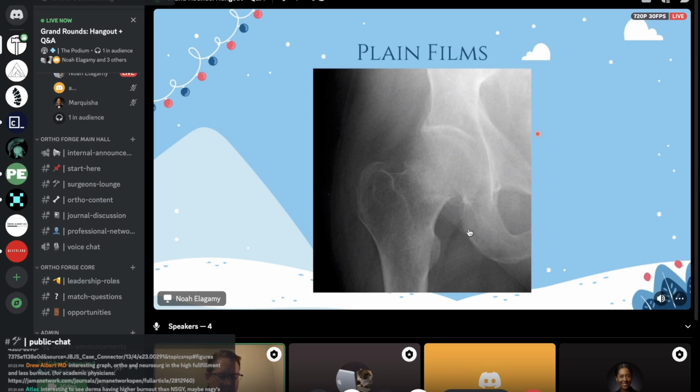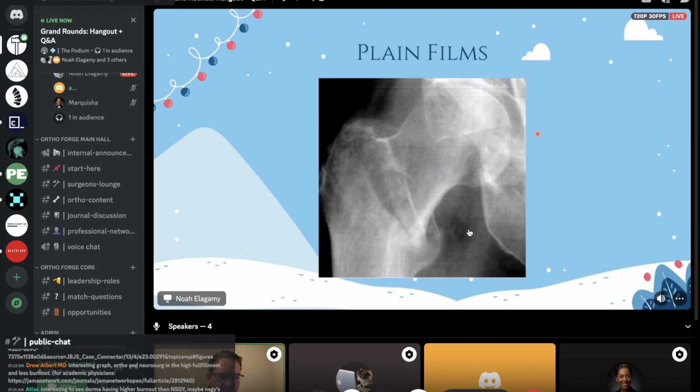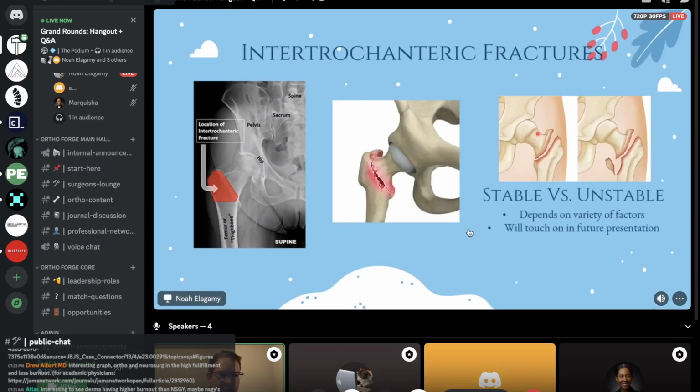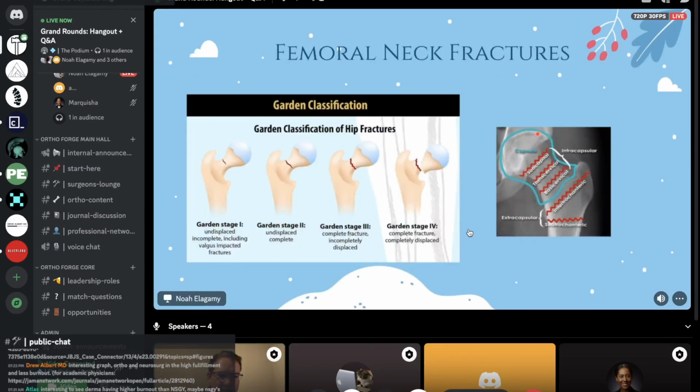and really it's a little bit confusing. You have to think of Garden 1s as they might be displaced, but they're tipped back, crunched in on themselves, almost like someone takes an ice cream cone and mashes it down into a more valgus position.